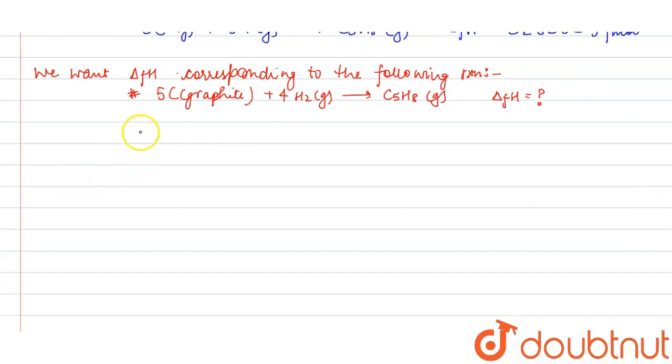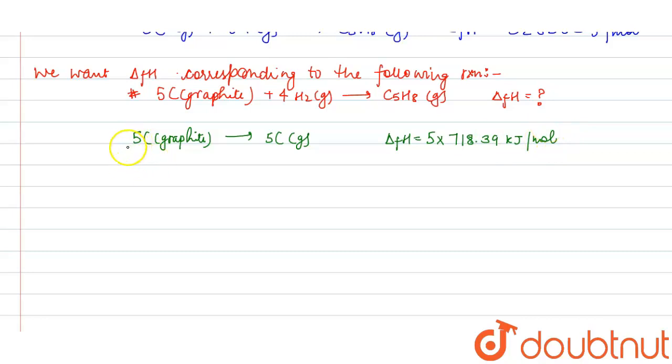Here 5C graphite is your solid, which can be converted into 5C gaseous using the heat of sublimation. So here delta H of formation will be equal to, how many atoms are present? 5, so 5 into the heat of sublimation given in the question, 718.39 kilojoule per mole.